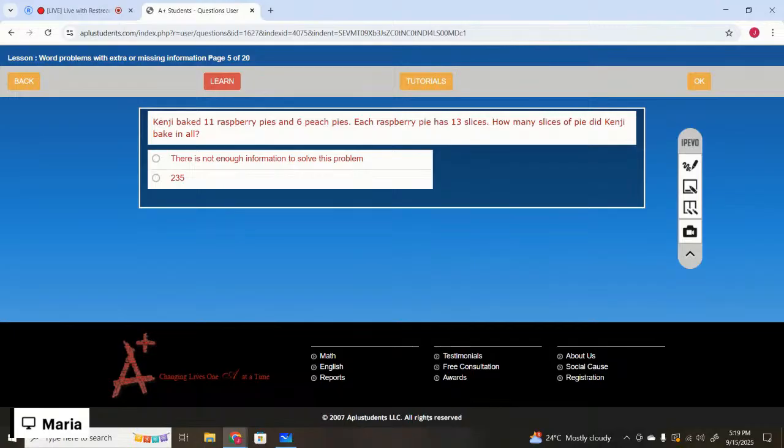Kenji baked 11 raspberry pies and 6 peach pies. Each raspberry pie has 13 slices. How many slices of pie did Kenji bake in all?